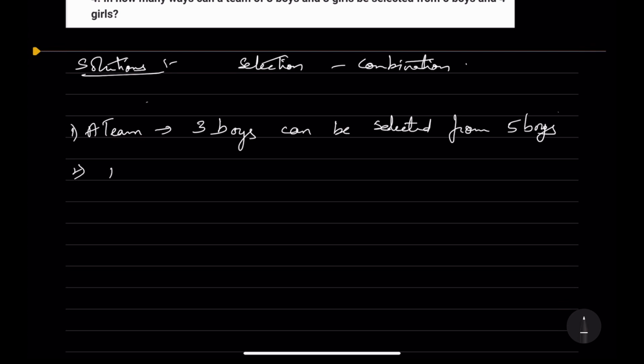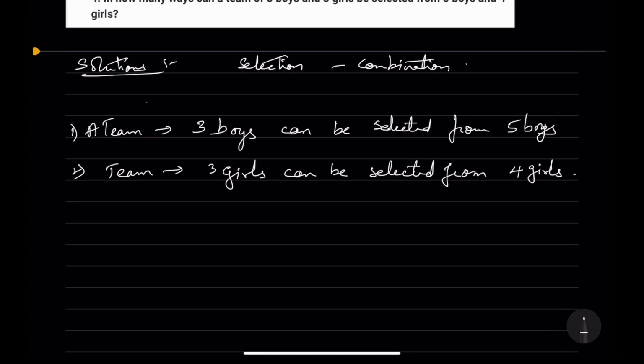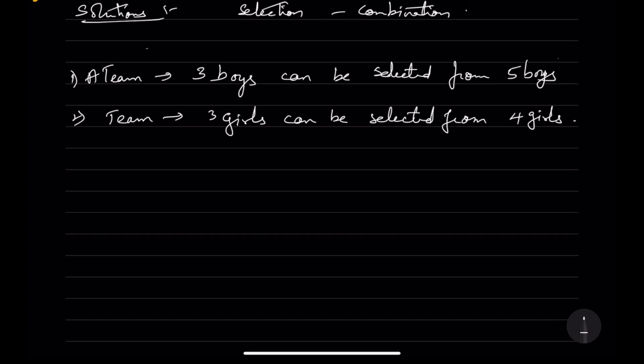Then the second team: in this also, 3 girls can be selected from 4 girls. So now the first one can be done in 5C3 ways, and this can be done in 4C3 ways.